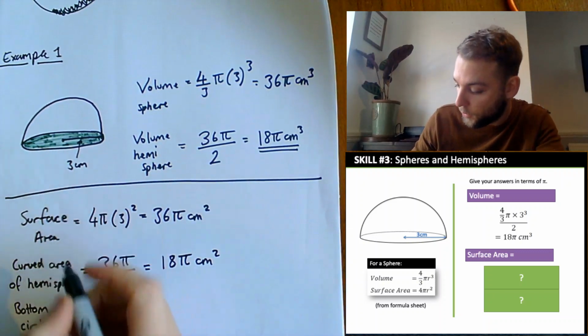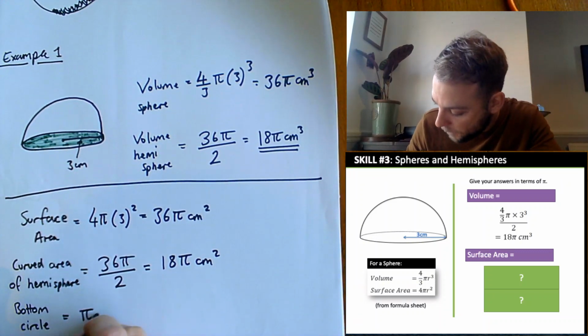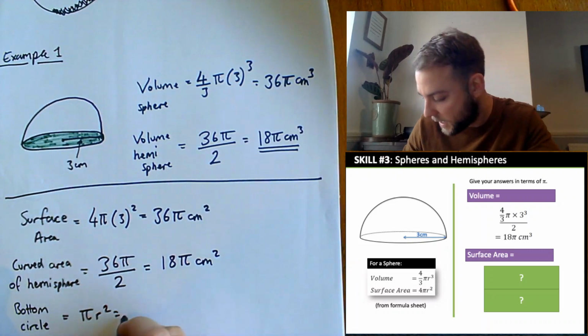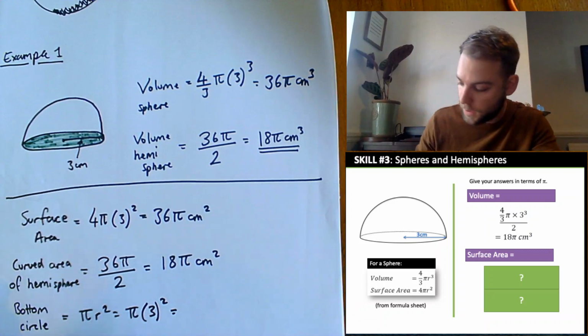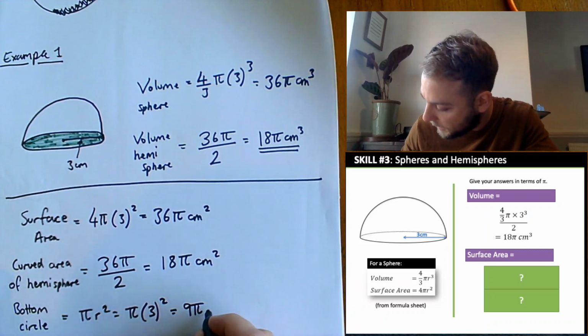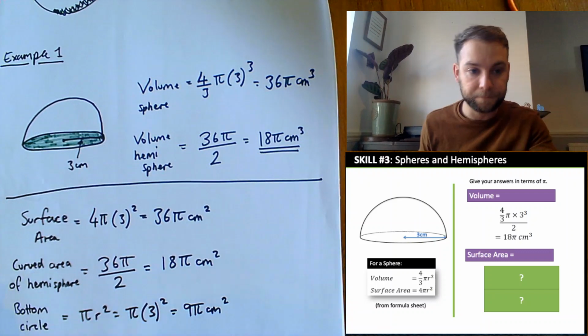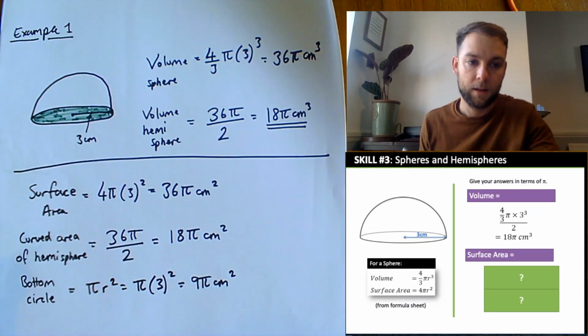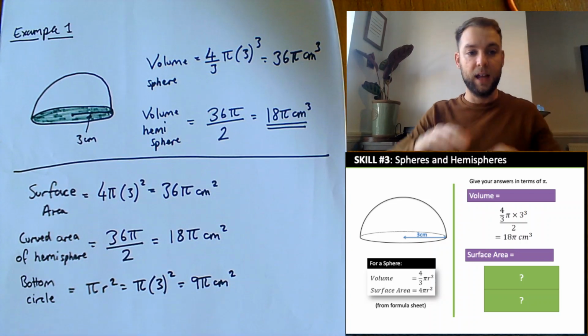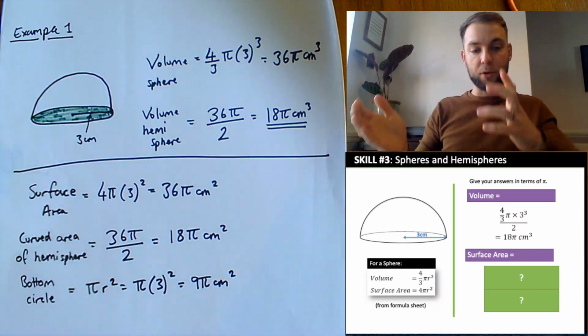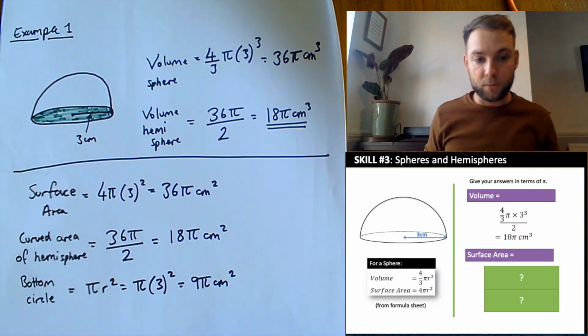And the bottom circle, the area of a circle is pi r squared, which in this case is pi times by 3 squared, which is equal to 9 pi centimetres squared. So with this one here, to find the total surface area, it's going to be the curved area of the hemisphere plus the bottom circle.